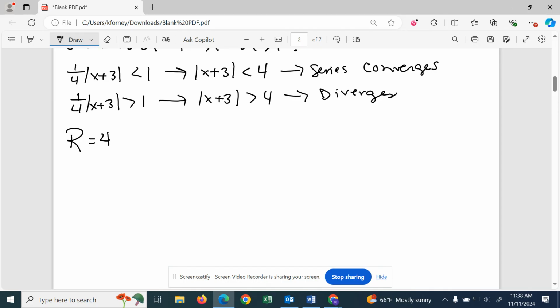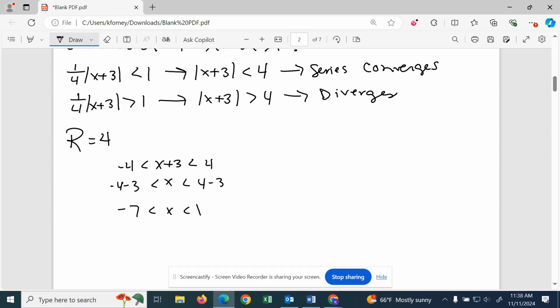So now we can go back to what we know. x plus 3 is between -4 and 4, so x is between -4 minus 3 and 4 minus 3. So x is between -7 and 1. This gives the interval of convergence.